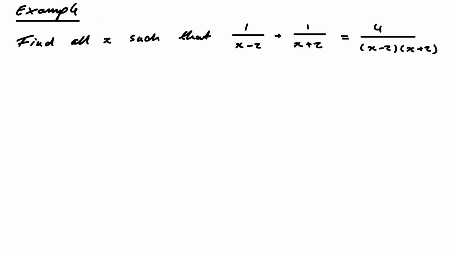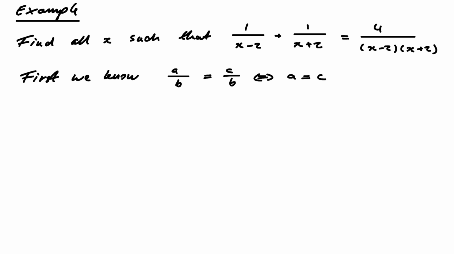So let's just remind ourselves of the following. One of our core properties: a over b is equal to c over b if and only if a is equal to c.